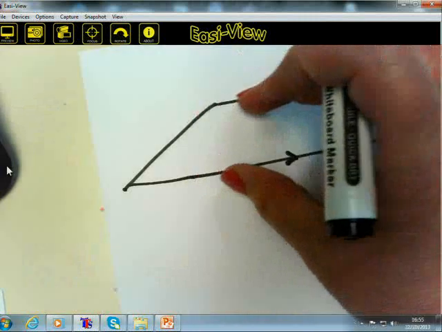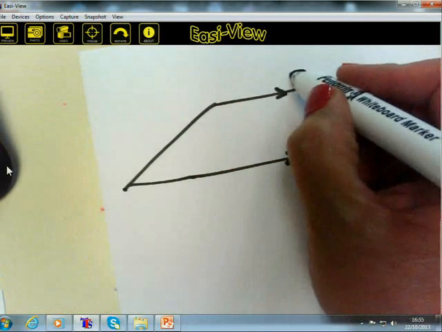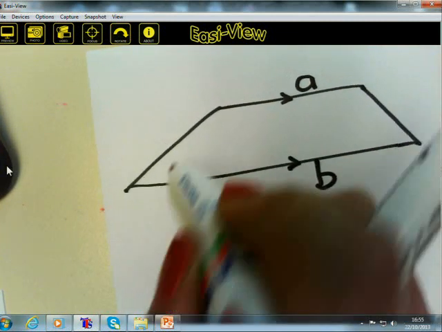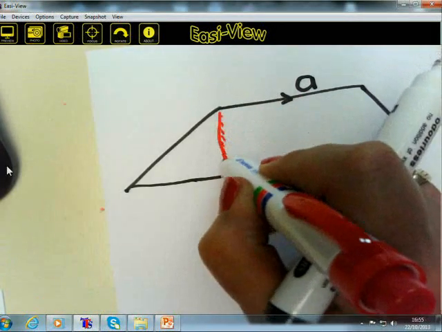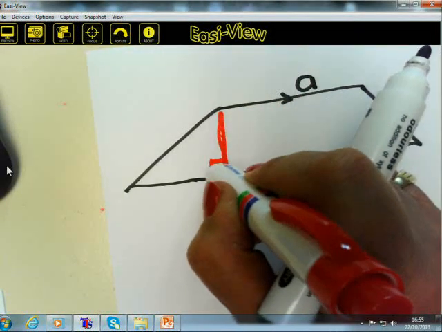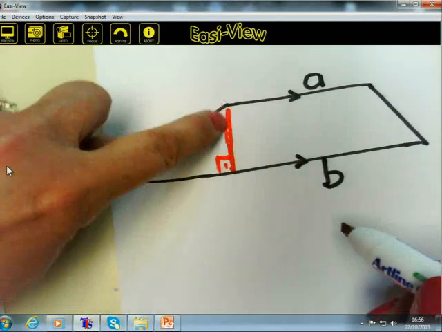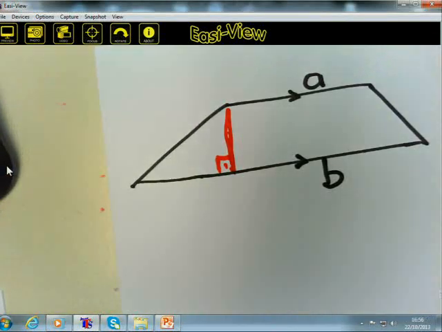That means they stay the same distance apart. And we call this side A and this is side B. Now the perpendicular height is this height going down here, and it makes an angle of 90 degrees. That's why we use Pythagoras, because there's a triangle with 90 degrees, so Pythagoras can go there.